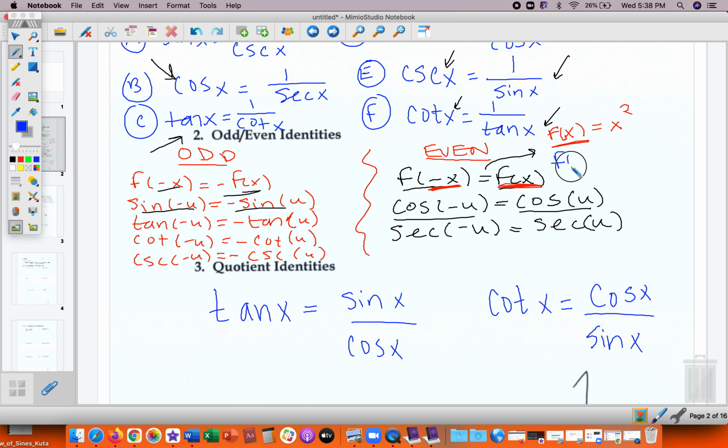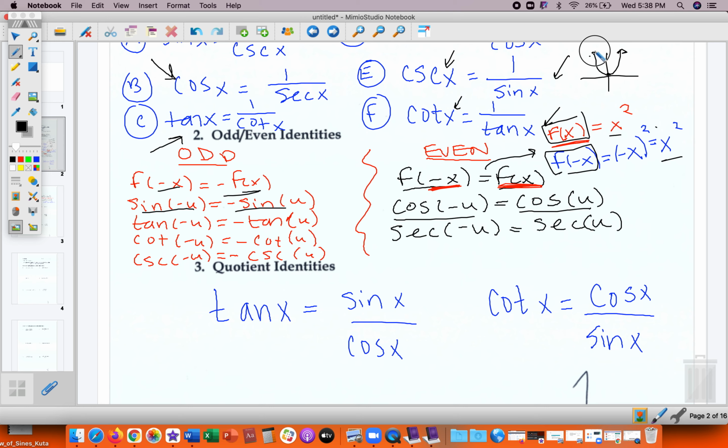So f of negative x equals negative x squared, which is x squared. So f of x equals x squared, and f of negative x equals x squared, we say that's even. If we were to graph both of those, we would see that parabolic shape.